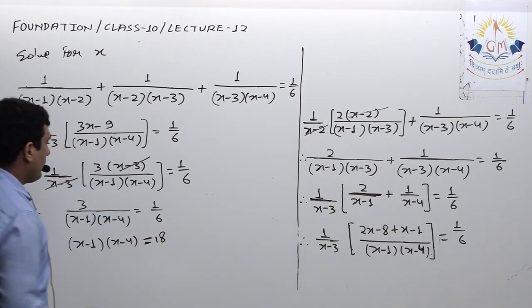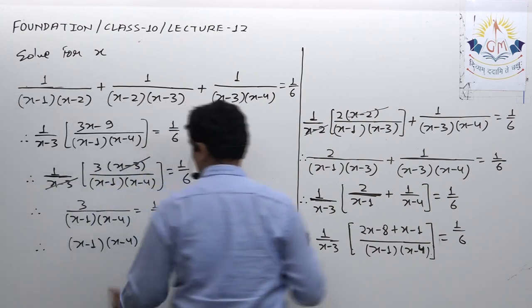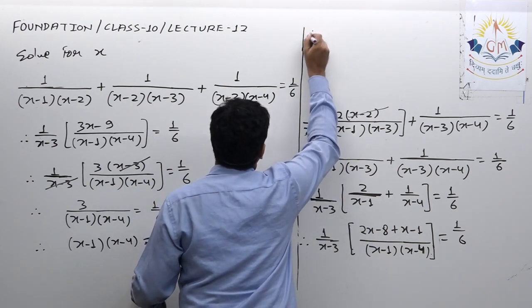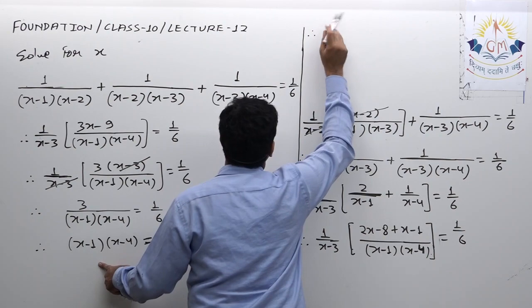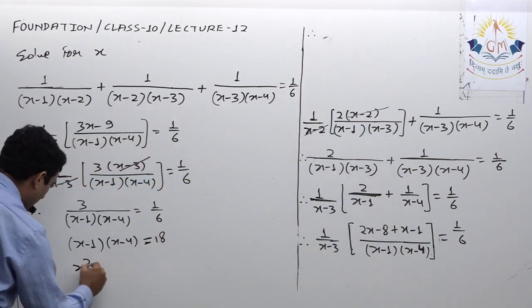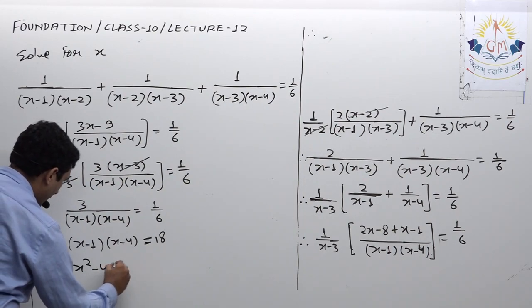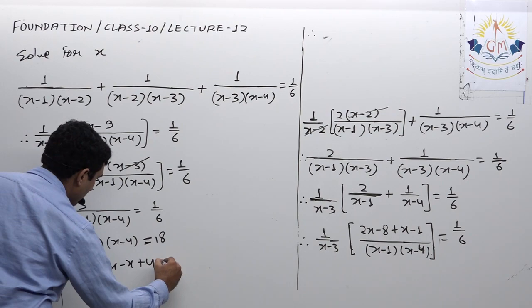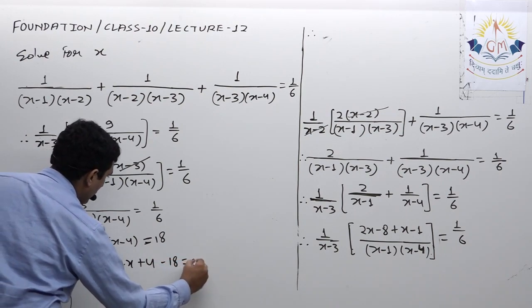Okay, now this is a quadratic equation. So further, if I multiply this, I get x square. Okay, let me write one more step over here. x square minus 4x minus x plus 4 minus 18 is equal to 0.